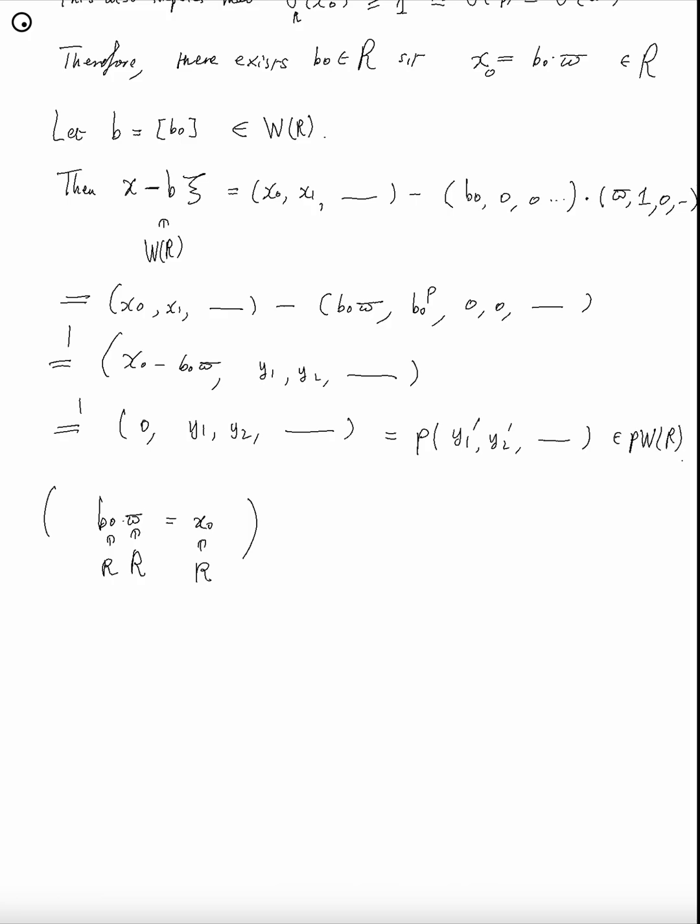So what have we proved? For any element in the kernel, up to subtracting some element, a multiple of the principal ideal generated by c, we are left with an element divisible by p.